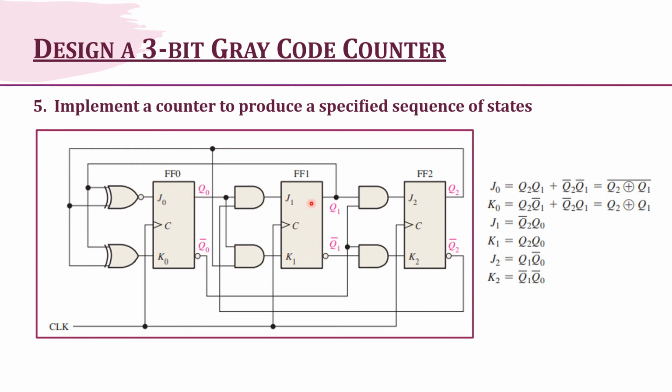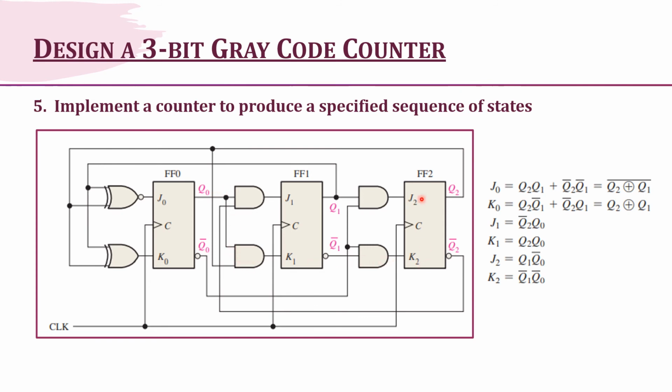Then what about flip-flop 1? J1 is equal to Q0 into Q2 complement. Then K1 is equal to Q2 into Q0. This is the Q2 line. Q2 into Q0, that is K1.